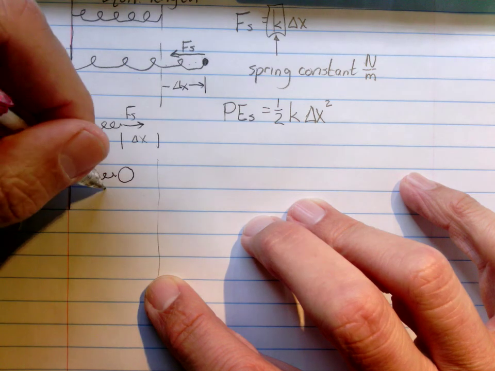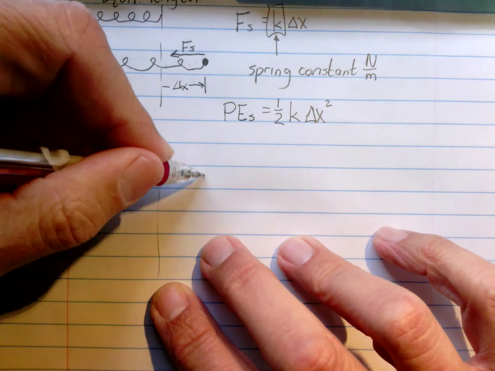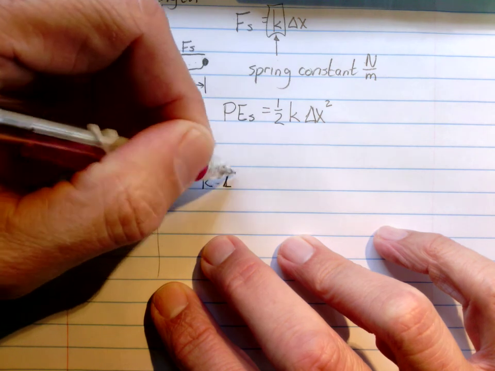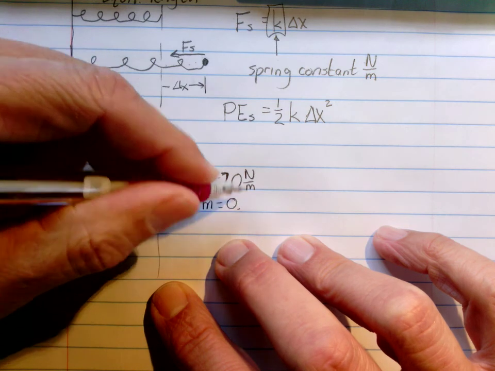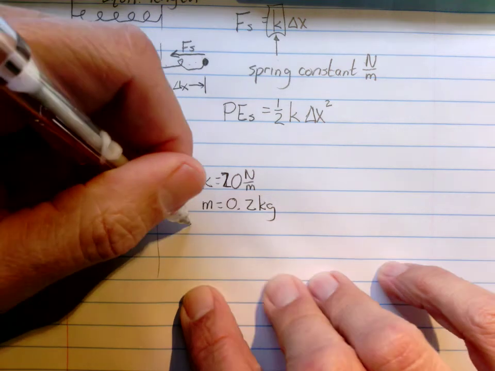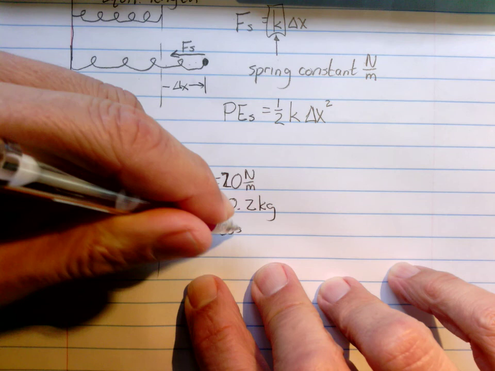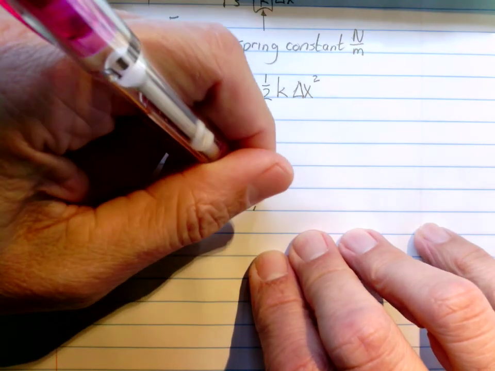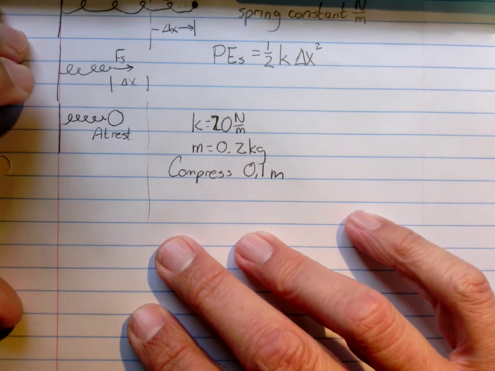So at rest, and let's say there's a spring constant k of 20 newtons per meter. The mass of the ball is 0.2 kilograms. And I'm going to say that I compress it, let's say, 0.1 meters.